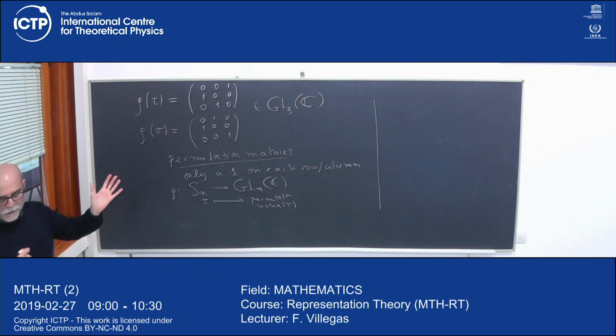So this is a vector space of dimension 3 where the group acts, and we will be interested in things that are irreducible. Irreducible means that there is no sub-representation that is not either the full space or the zero space. A sub-representation is a subspace on which the group also acts.